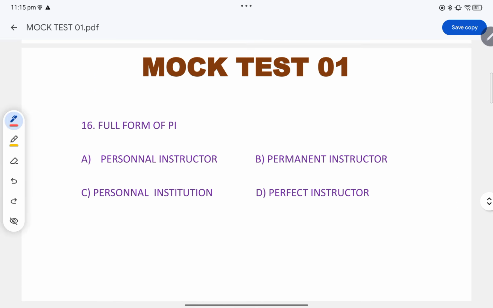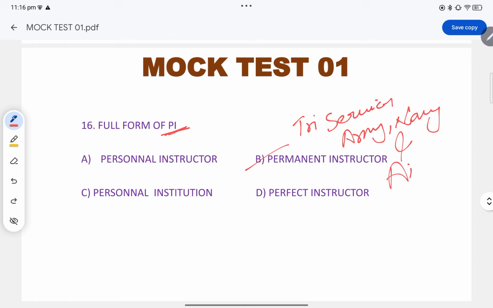What is the full form of PI? I told you in the last class. It is permanent instructor. From where will they come? They will come from the tri services. Tri services is nothing but Army, Navy, and Air Force.